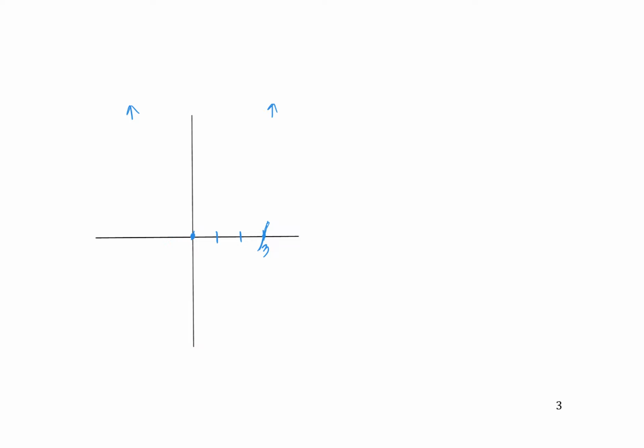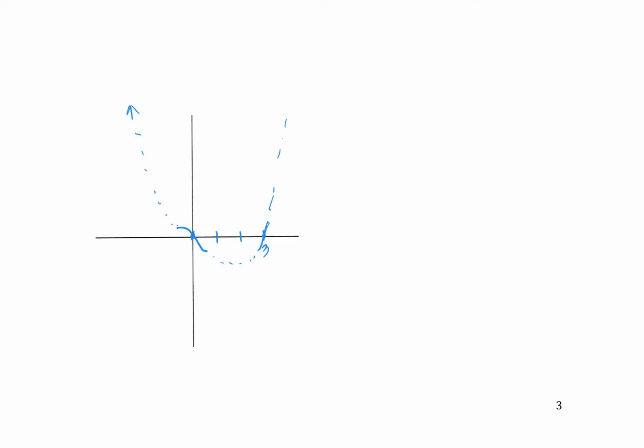So it won't be that choice for the multiplicity. It'll be flipped. So something like this. Okay, and now I can see that if I were to connect these and keep going up, I could get this graph.